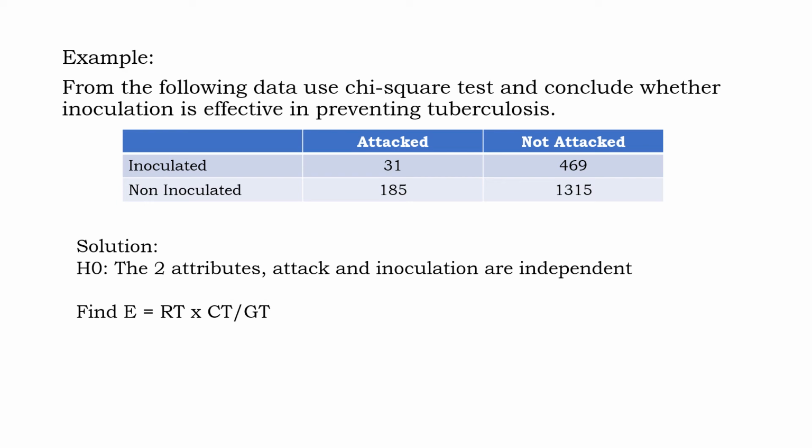Then next, in order to calculate the test statistic, you need the expected frequency. For finding the expected frequency, you have to find the row total, column total and grand total. With this formula, row total into column total by grand total, you can find the expected frequency of each cell in the contingency table. See, I have written the observed frequencies in a vertical manner: 31, 469, 185 and 1315.